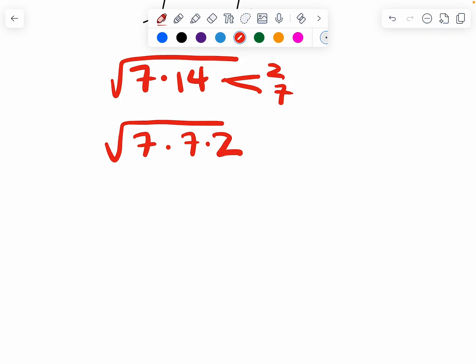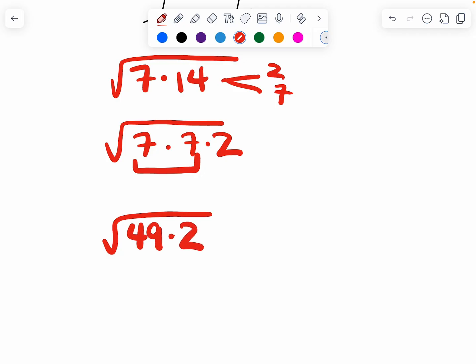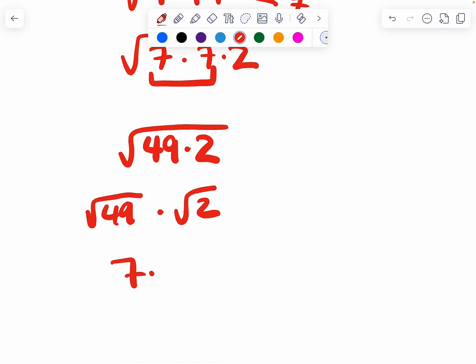No. But 7 is not a perfect square, 7 is not a perfect square, 2 is not a perfect square. But this right here, isn't that 49 times 2? So the square root of 49 times the square root of 2. So that would be 7 radical 2.